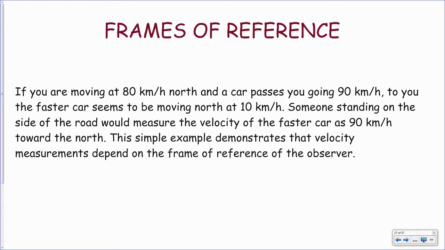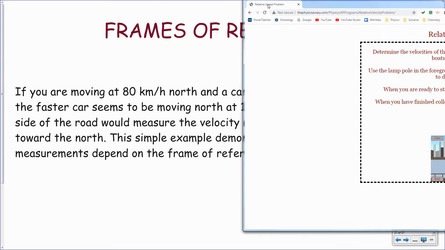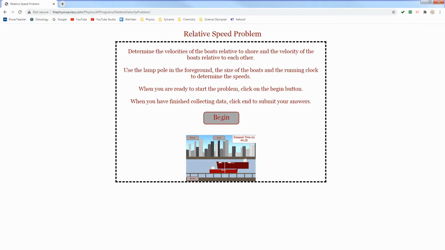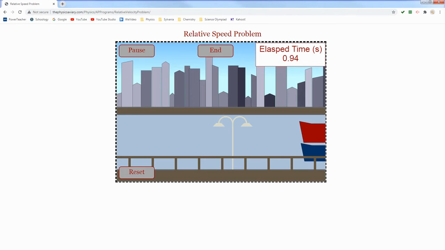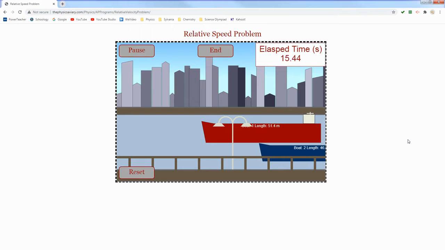Now we can take a look at a demonstration. This is relative speed. We're not going to actually solve the problem, but this is a scenario where you're standing on the side of a river and watching two boats go past. From the simulation, we can see that the red boat is obviously moving at a faster velocity than the blue boat.